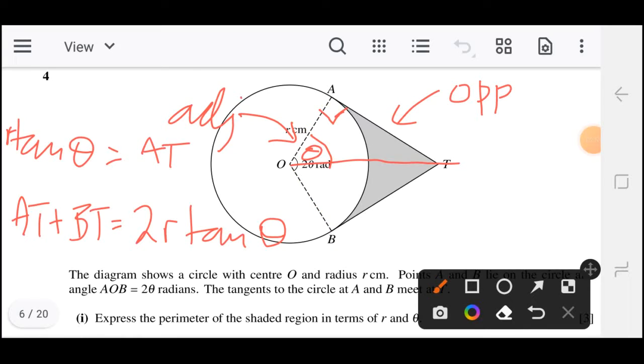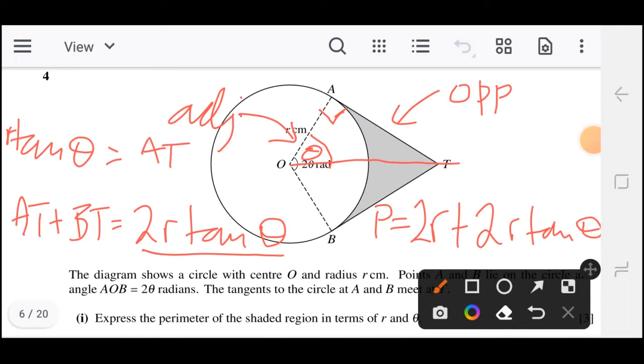So our perimeter P is equal to OA, which is R, plus OB, which is another R. So we have 2R plus AT plus BT, which is this thing here. So we have 2R plus 2R tan theta. That's our perimeter there.